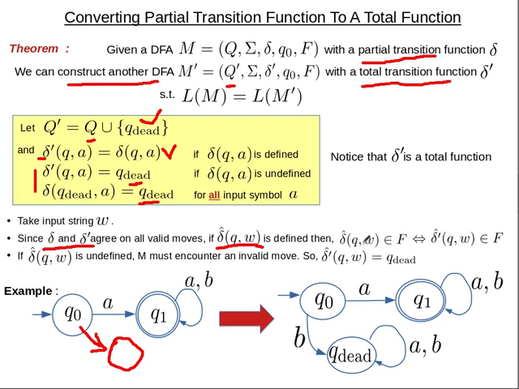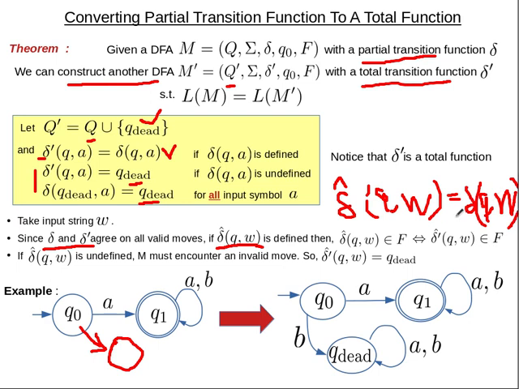So here, in fact, I can say that delta prime of Q, W is equal to delta of Q, W. If this is defined at all, then they are equal.